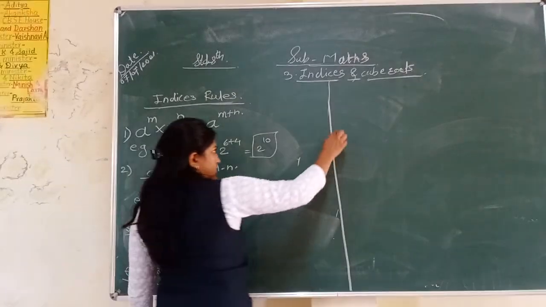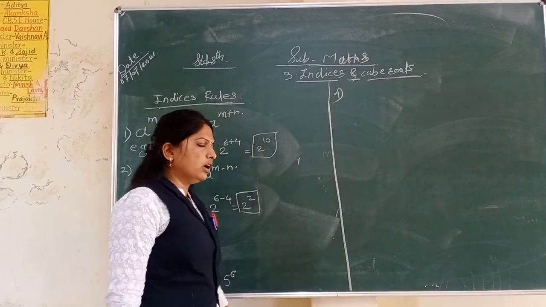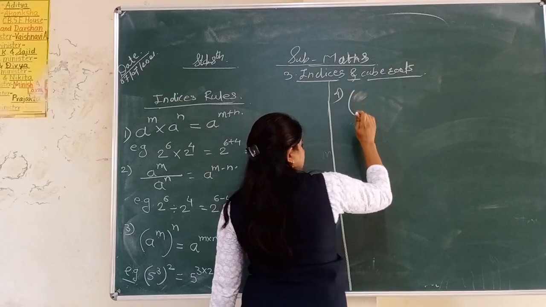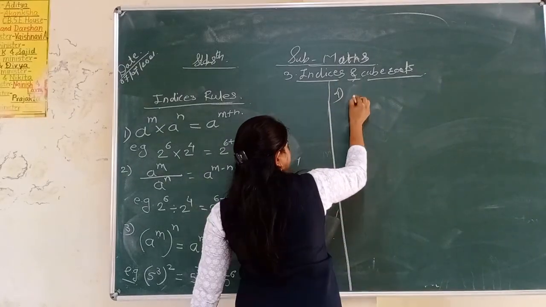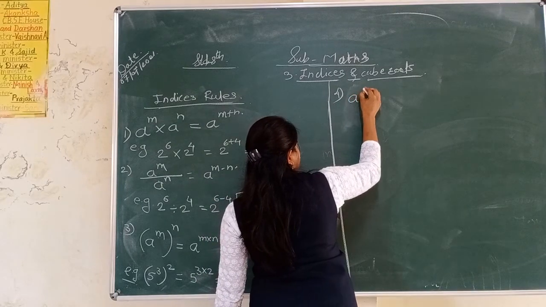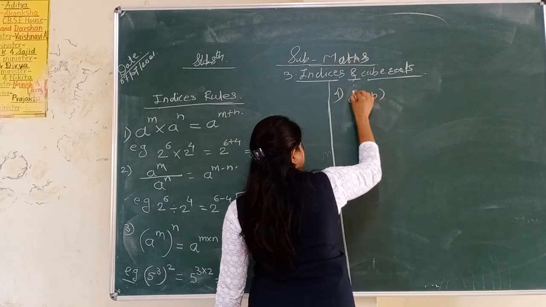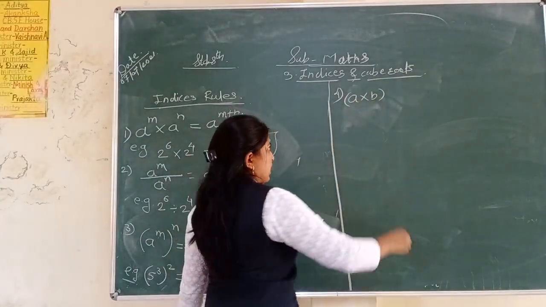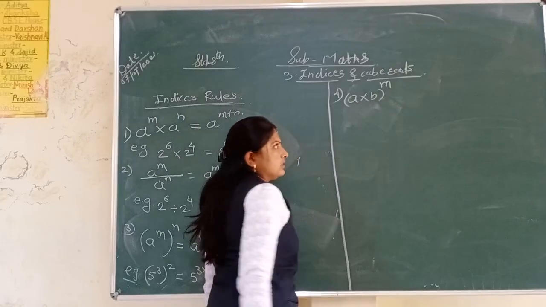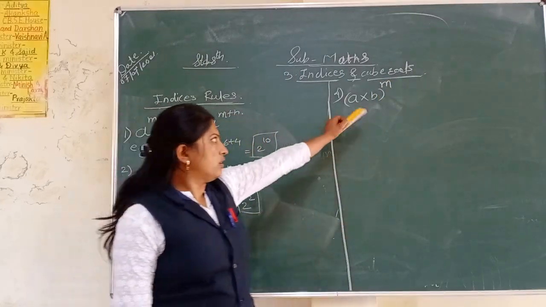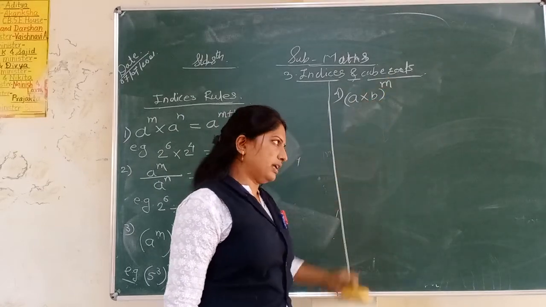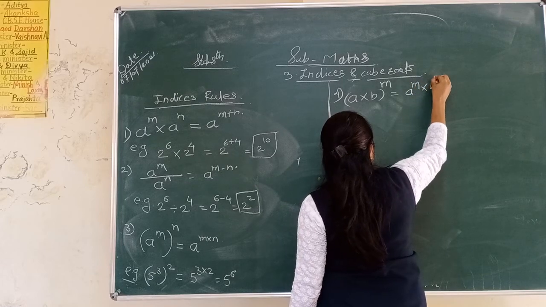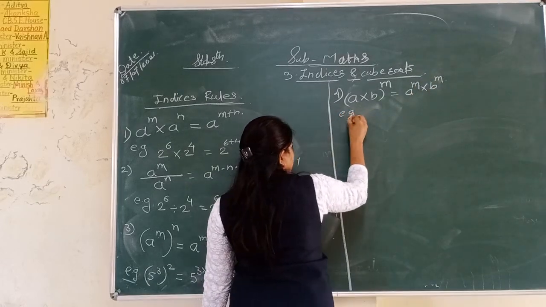Then fourth one. A into B, two different numbers, have a common index. Then we can write them separately.